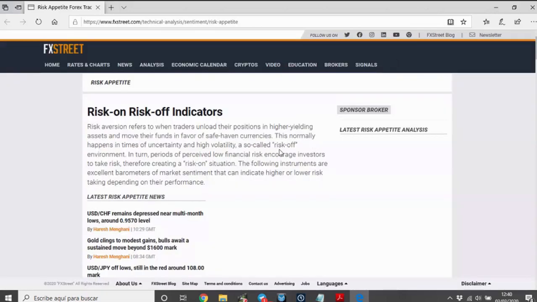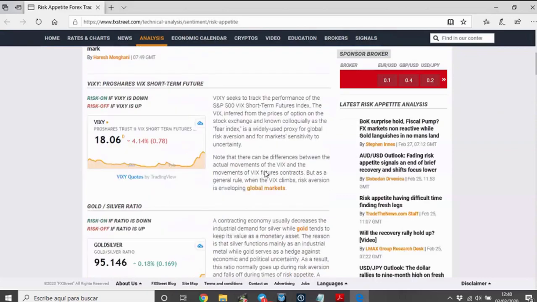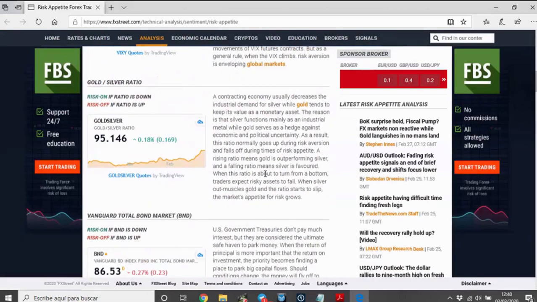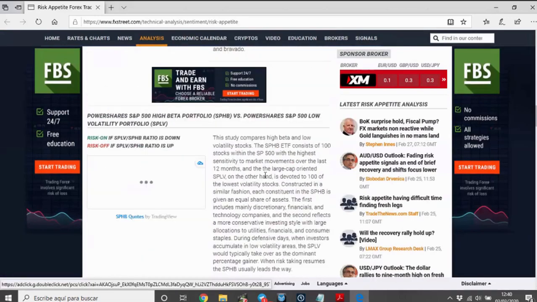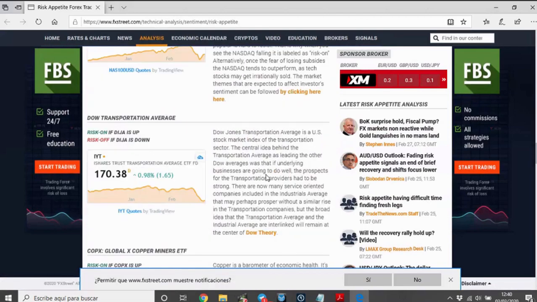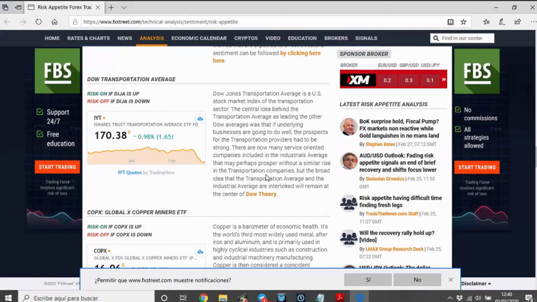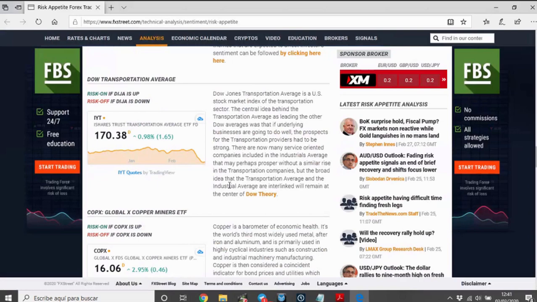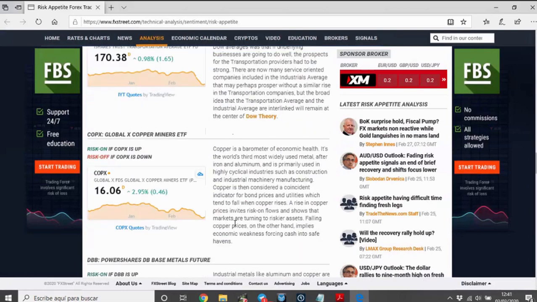We have risk-on, risk-off indicators, 15 of them, and we monitor them every day to give an idea of how the risk in the market sentiment is, so that we can orient our portfolio, our trades, our bias, and profit from the bigger movements.